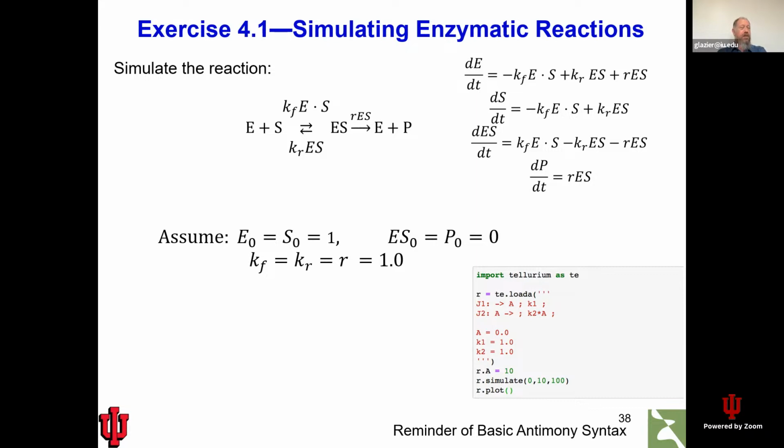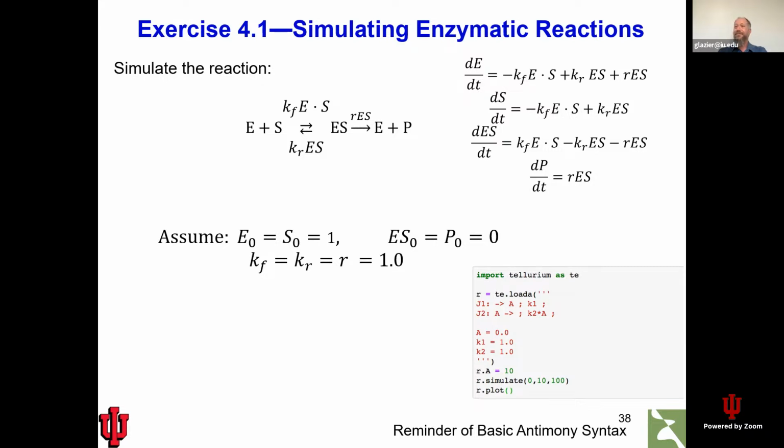Instead of J1 and J2, you'd have more lines, but they'd look similar. Well, you don't even need that, right? You mean the names? Yeah, you don't need to name your reactions. I tend to always name my reactions because you never know when you'll need them.